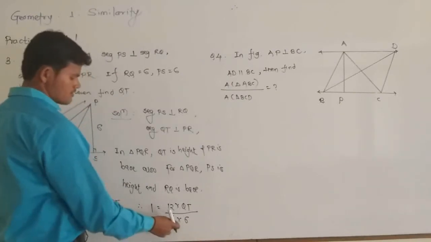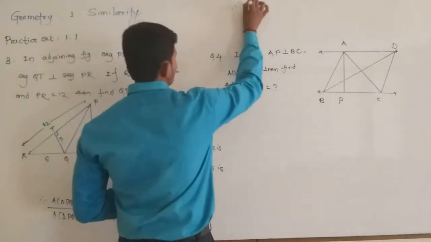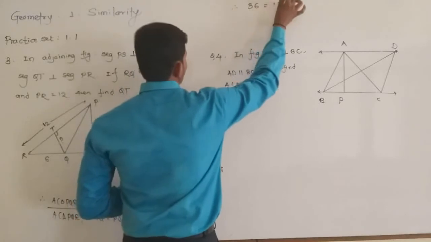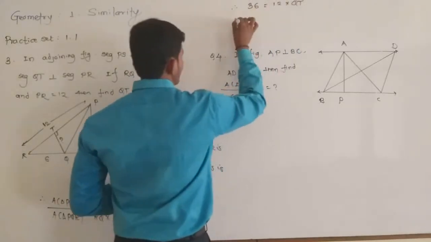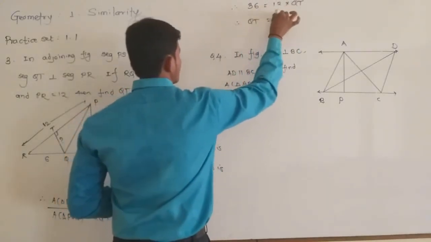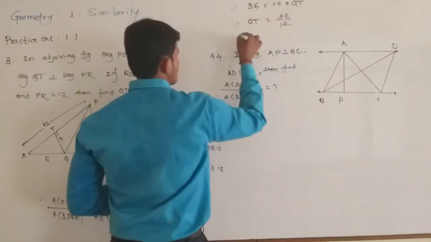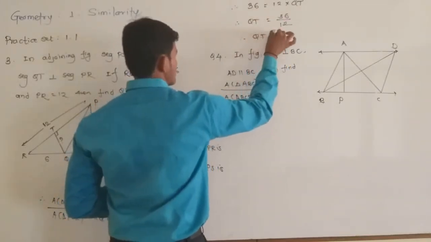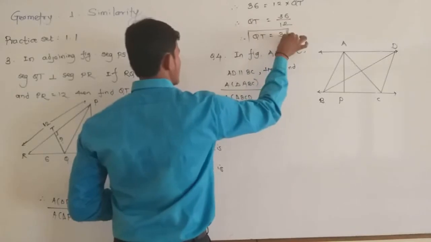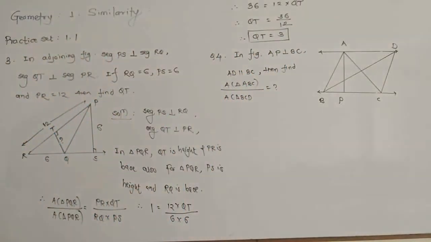So this 36 goes to the other side. So we get 36 is equal to 12 into QT. So to find length of QT, we get 36 divided by 12. So we get QT is equal to 3. So we get length of QT as 3. Okay.